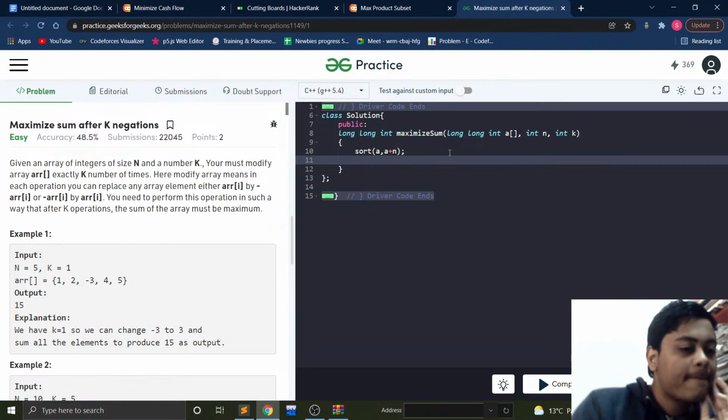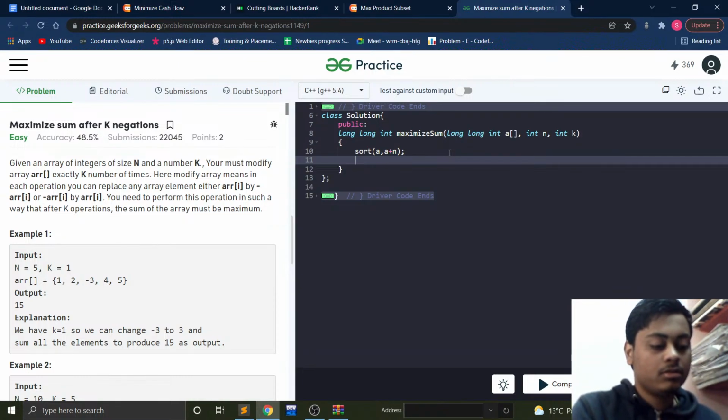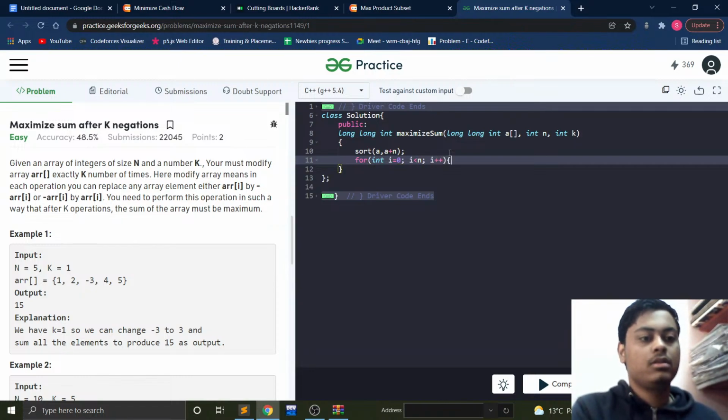Fine. First, for int i equal to 0, i less than n, i plus plus.